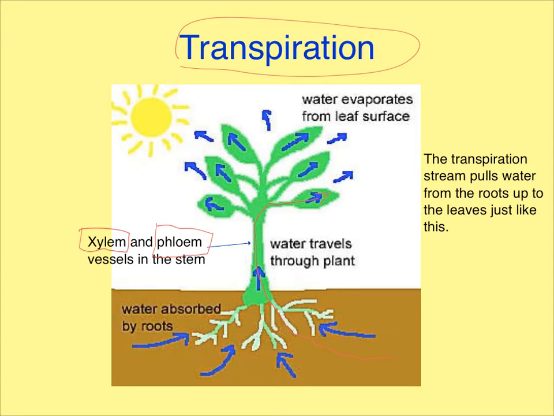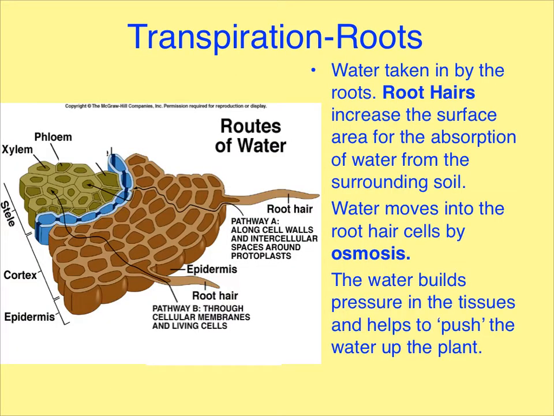So let's have a wee look in more detail at all of these structures. So you get the movement of water from the soil. We've got water molecules here, and they are absorbed into the roots from the surrounding cell.